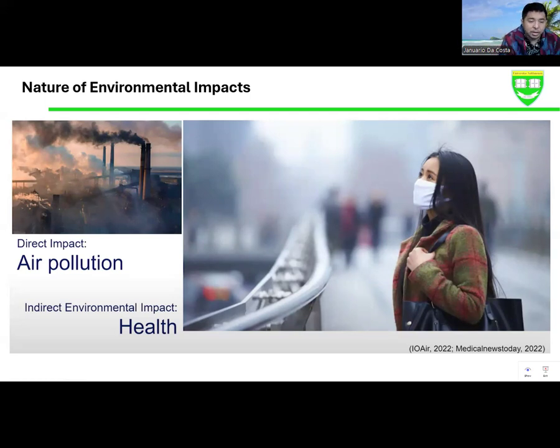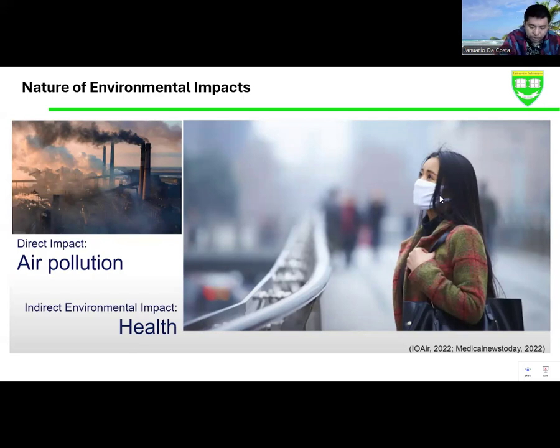So direct air pollution, for example from vehicles, car emissions or motorcycle emissions, those are direct. Indirect environmental impacts are, for example, health for people.